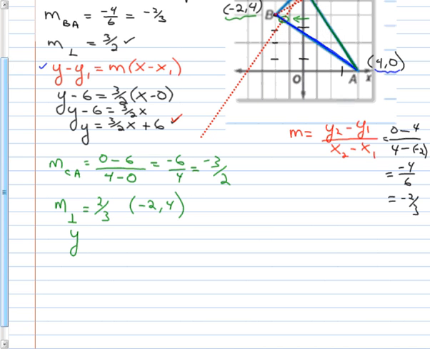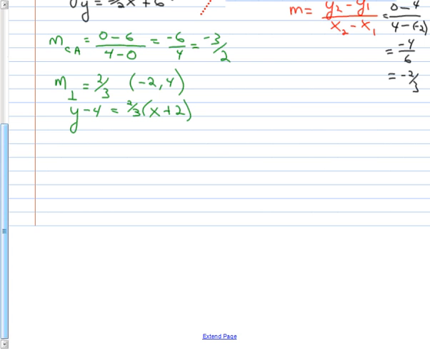Y minus my y value 4, using this red point slope form, equals m, 2/3, times x minus my x value. X minus a negative 2 is really plus 2. Now this one, I need to solve for y, so I'm going to distribute. Y minus 4 equals 2/3 x plus 4/3.